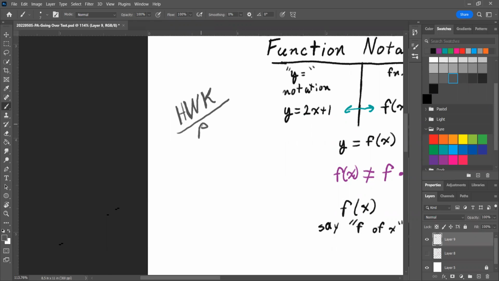Homework, page 402, numbers 10 through 16, evens.